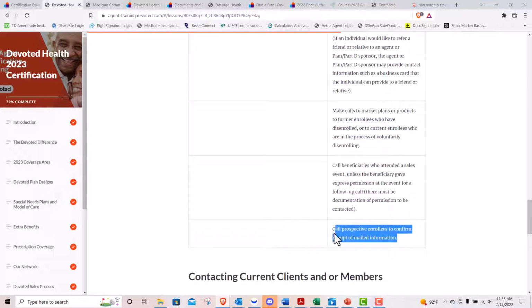So if, for example, a client calls you and says they want information about so-and-so plan, and you mail it to them, unless you get explicit permission to call them after they received it, either via a recorded line or something, you are not supposed to call the prospective enrollee to confirm that they received the information that you mailed them. Okay?